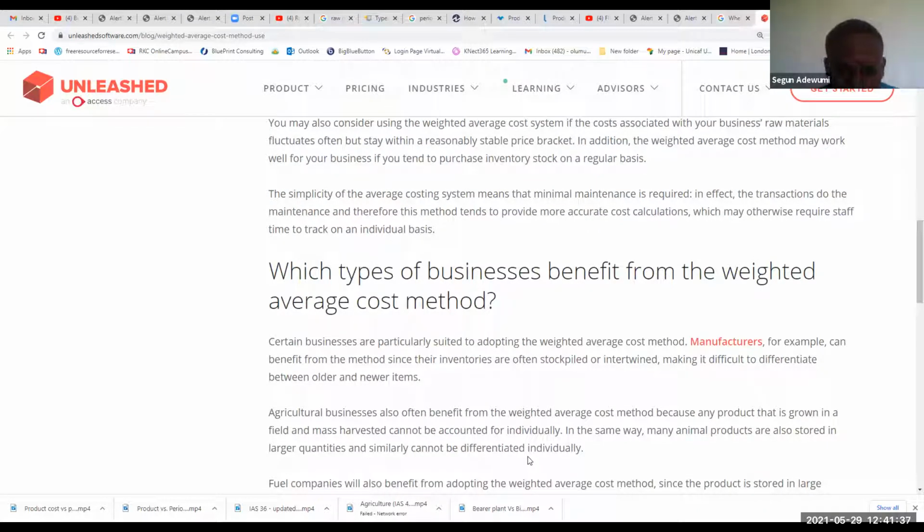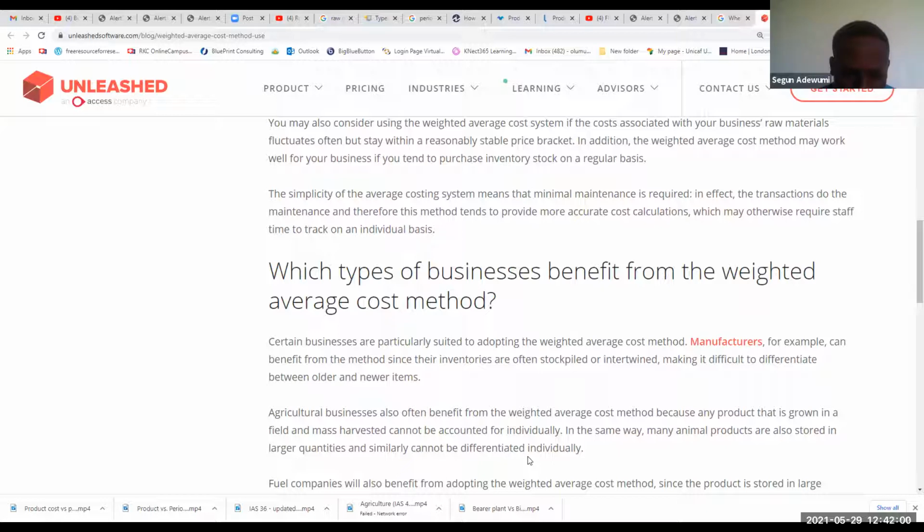Okay, which type of businesses benefit from the weighted average cost method? Certain businesses are particularly suited to adopting the weighted average cost method. Manufacturers, for example, can benefit from the method since their inventories are often stockpiled or intertwined, making it difficult to differentiate between older and newer items.